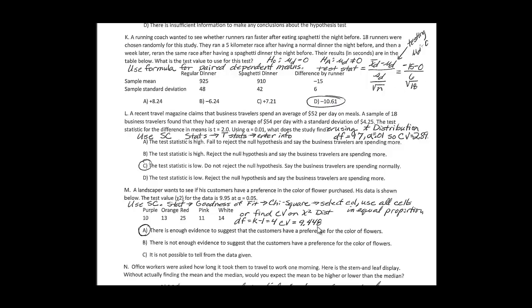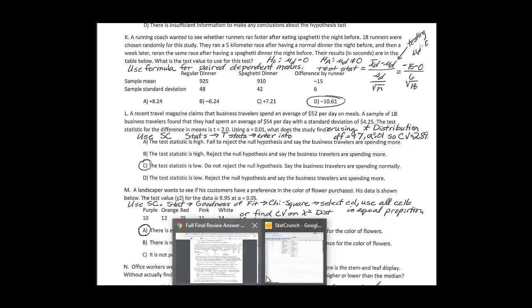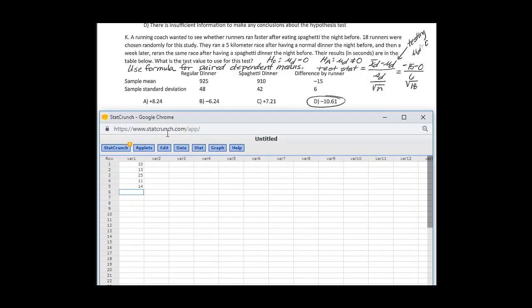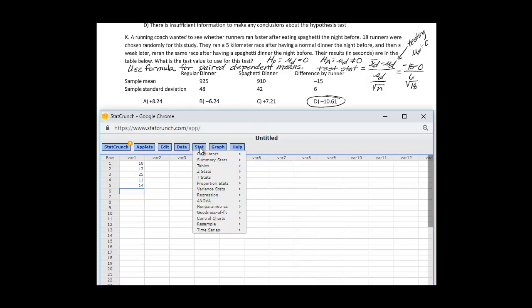You can also do it on StatCrunch. I'm almost afraid to show you because I'm afraid I'm going to confuse you. But I've got everything there. I want to go to Stats. We're going to go down to T-Stats, and this is actually a 1 sample with summary. The reason I'm choosing that is because I really just want to test that last column. I'm going to use the difference, negative 15, and the standard deviation is 6.